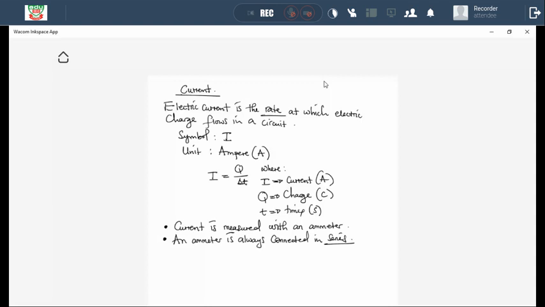And another point to support this one, it says an ammeter has a low resistance.